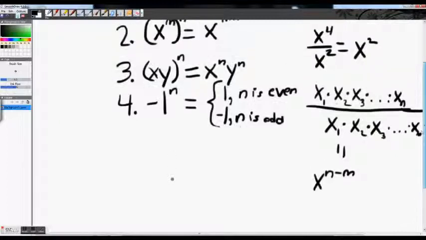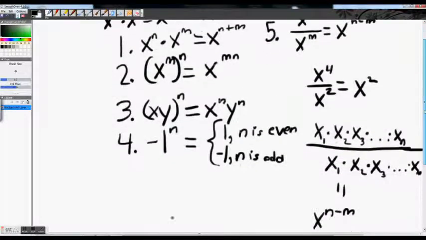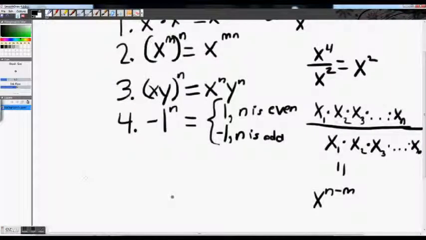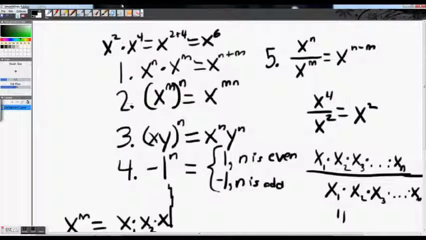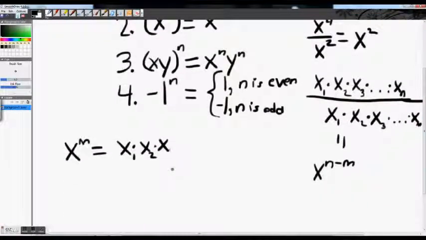We looked at the first one already. The second one, let's say we have a number x, and when we raise it to the mth power, we have x times x times x, and we have m terms.